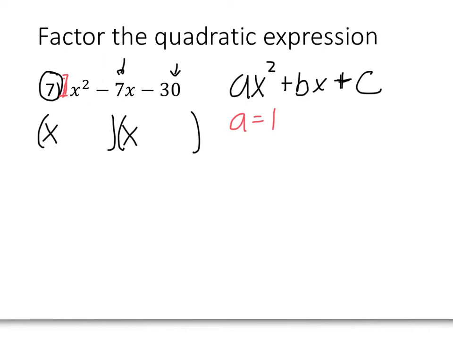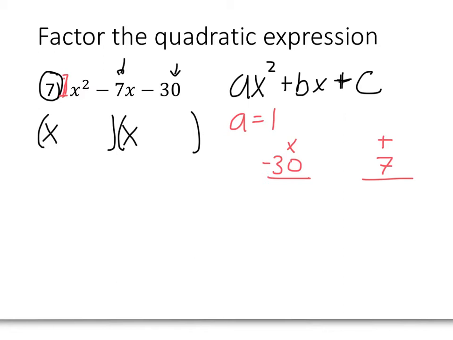We're going to ask ourselves what multiplies to give me negative 30, the last term, but also adds to give me negative 7, the middle term. Now we could go ahead and put negative 30 here, because that is the product we absolutely need. But I usually just start listing factors and see to expose the pair that's going to produce a 7.